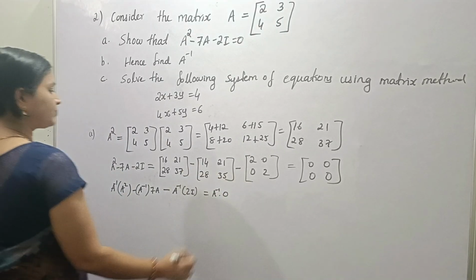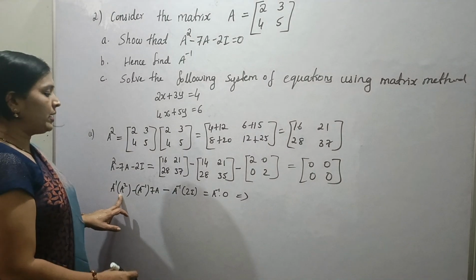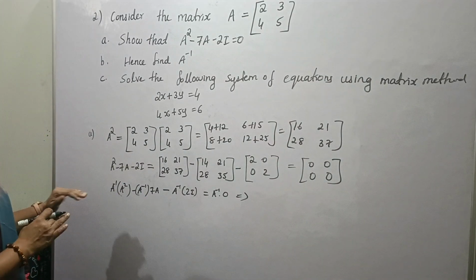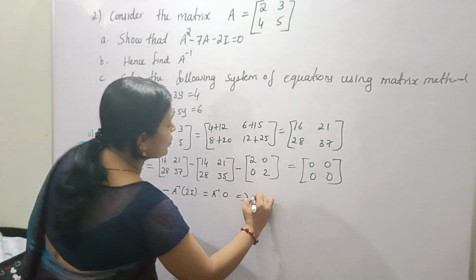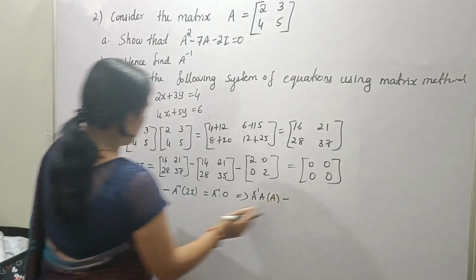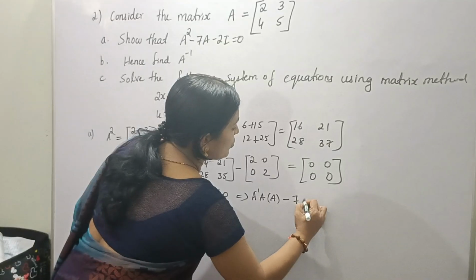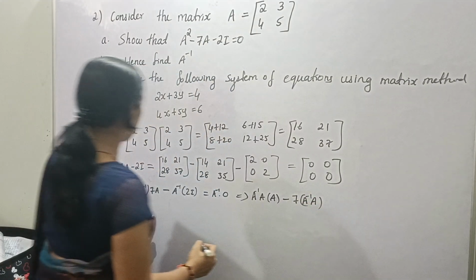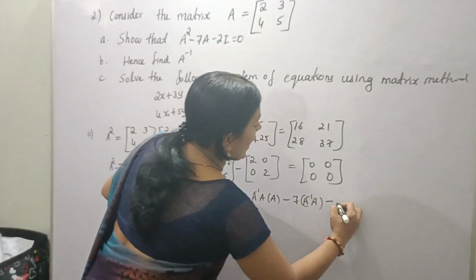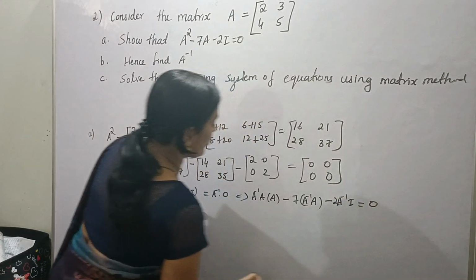That is 0. That implies, here we can write A square as A into A, right? That is A inverse into A, so A inverse into A minus 7 into A inverse into A, minus 2 into A inverse into I, is equal to 0.